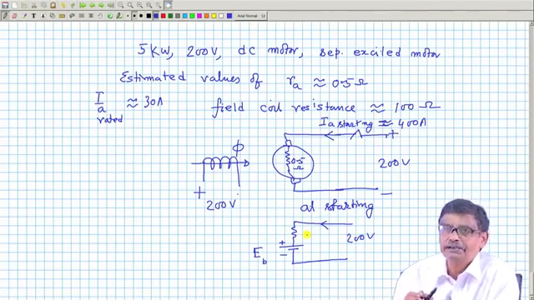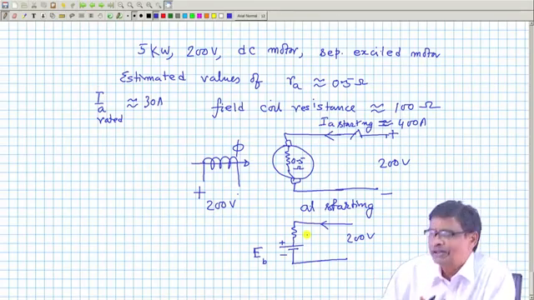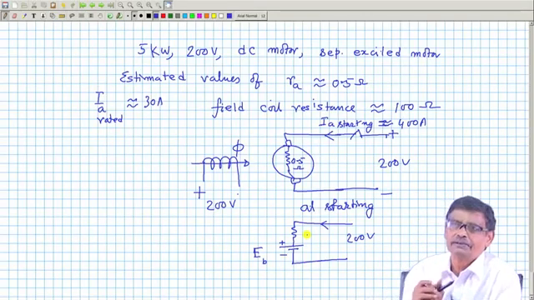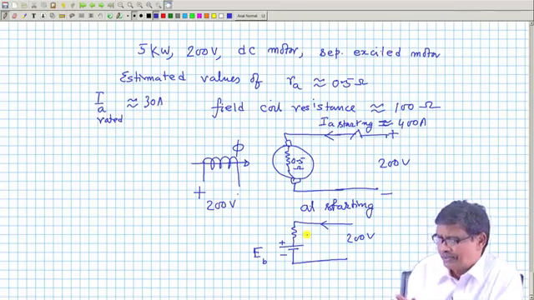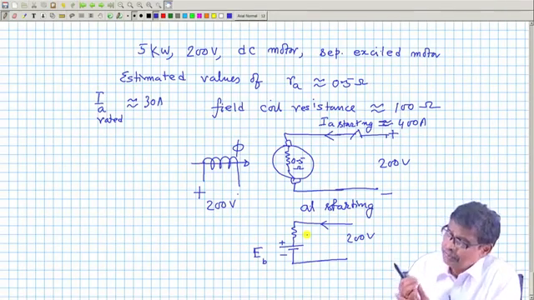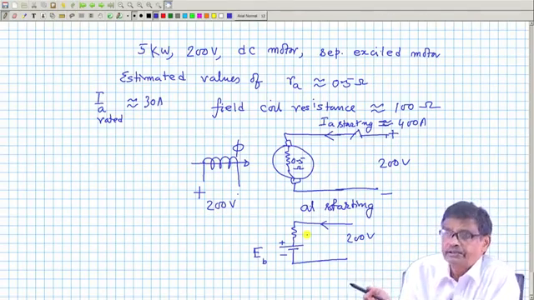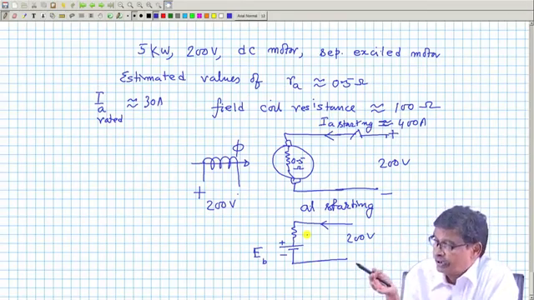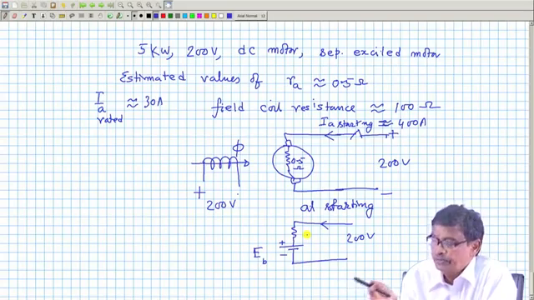But if the same machine has very low inertia, then okay, 400 ampere, but it quickly picks up speed, that may not be that alarming. It depends upon so many things. But the point is, we will always try to avoid such a scenario, giving full voltage at the time of starting a DC motor.